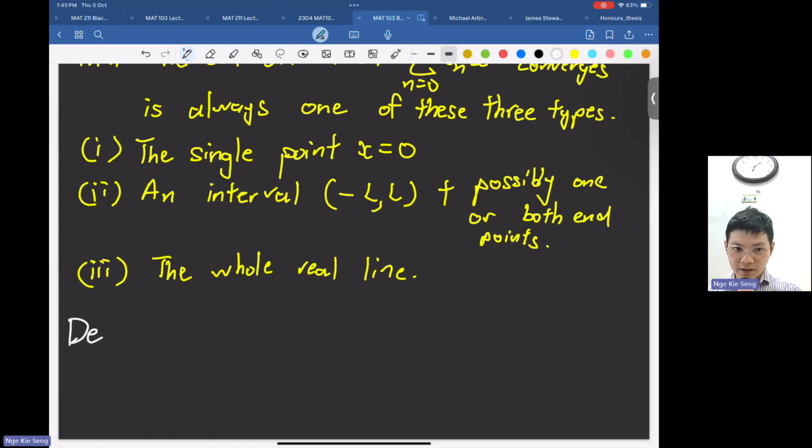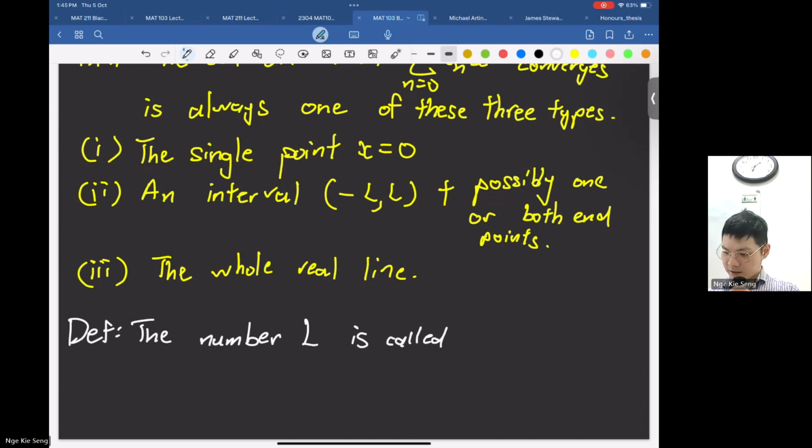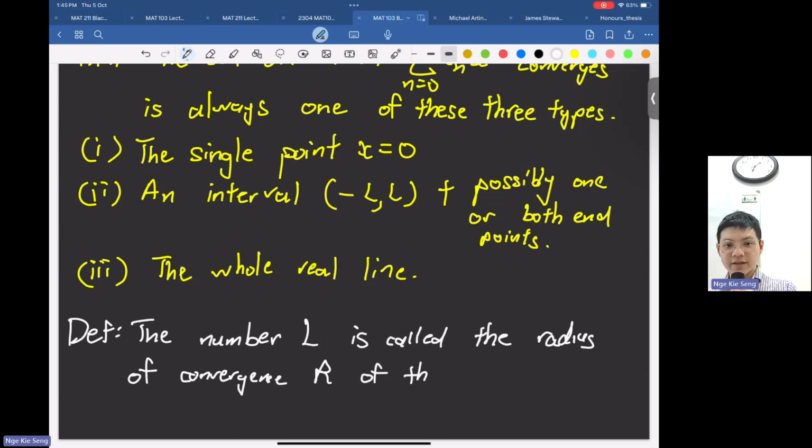So here is a definition. The number L is called the radius of convergence of the power series. So you see, why do we call it radius?